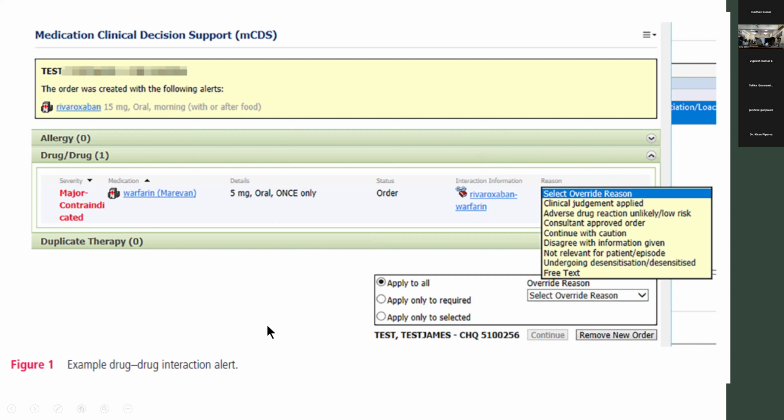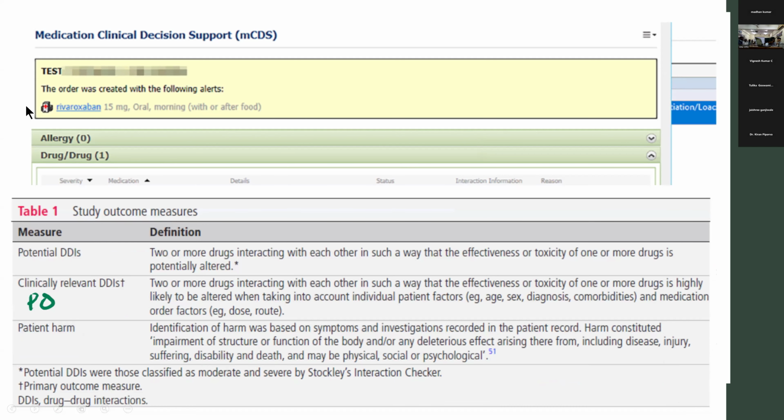So this is how they looked at drug-to-drug interaction, and this is the outcome. There are three outcomes, and they were well defined. Potential DDIs are any interaction where the effectiveness is altered. Clinically relevant is an interaction taking into account any toxicity or reduced effectiveness.